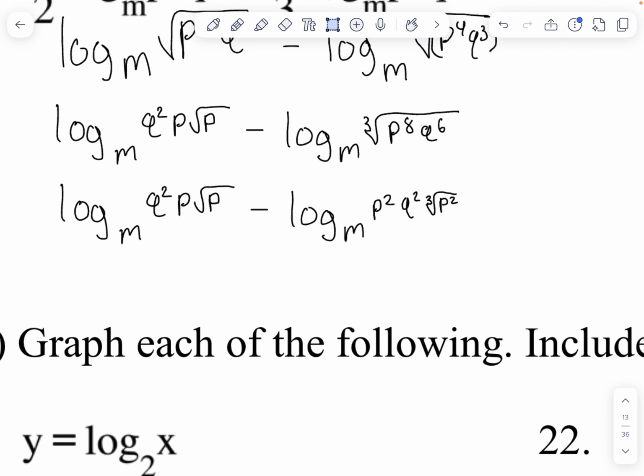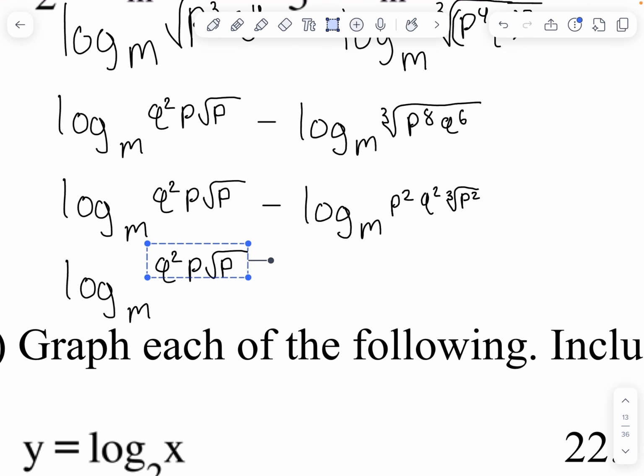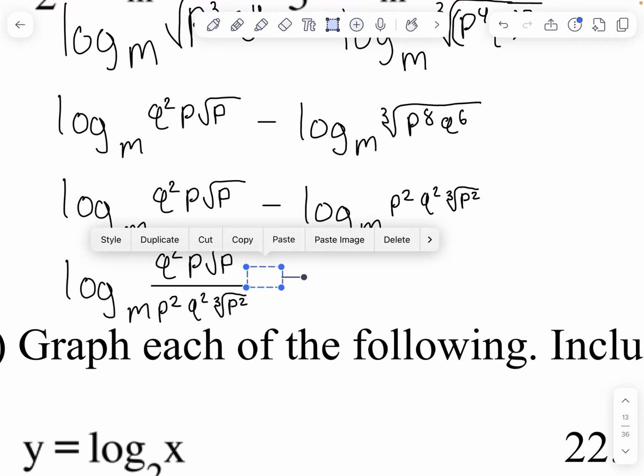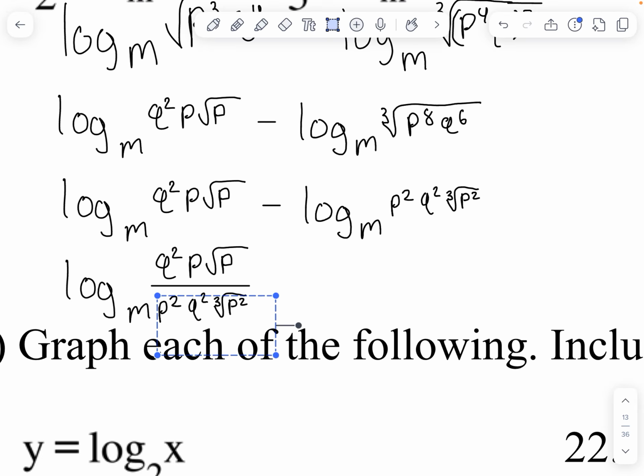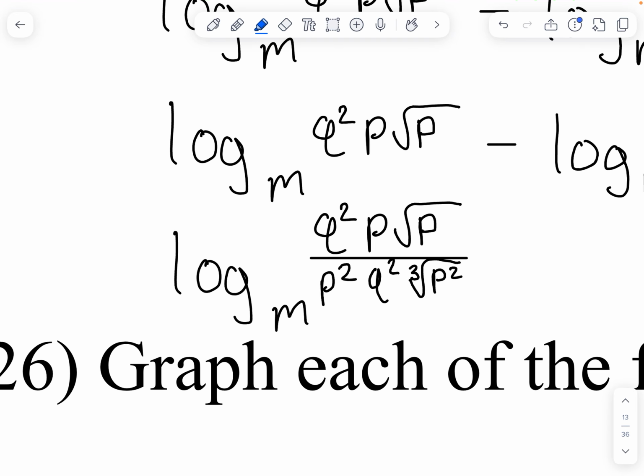And now for the final step, it's log base m of this over this. And this is our answer.